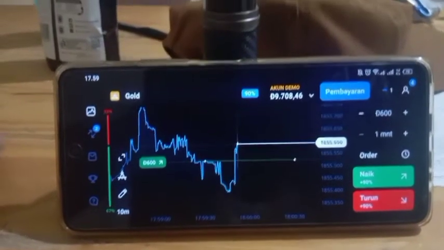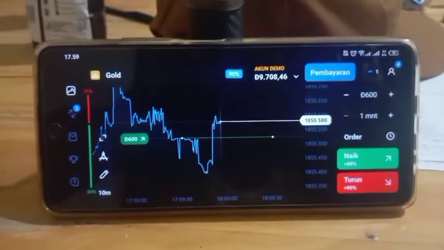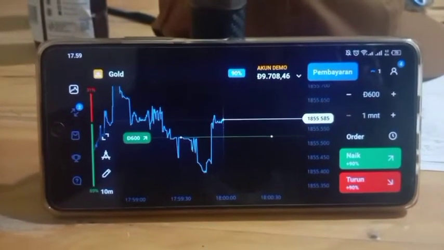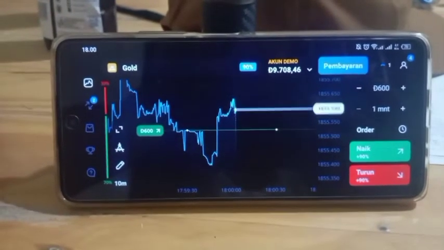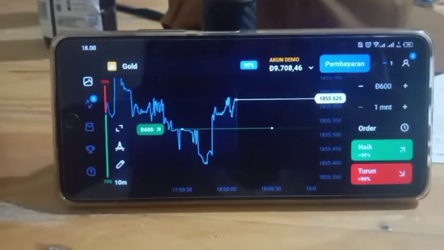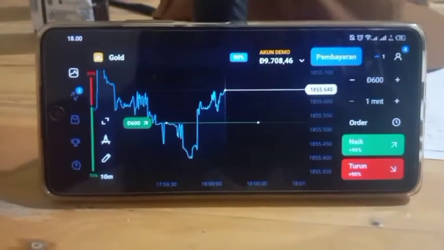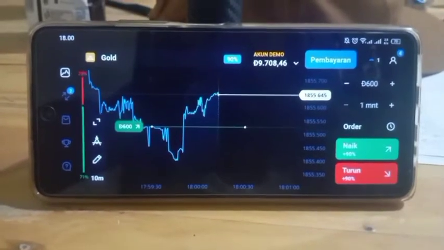The gold scalping strategy can be profitable in the short term if you are a trader who is able to prepare large capital. Why is that? Because the profit is only 5 till 10 pips per trading position.